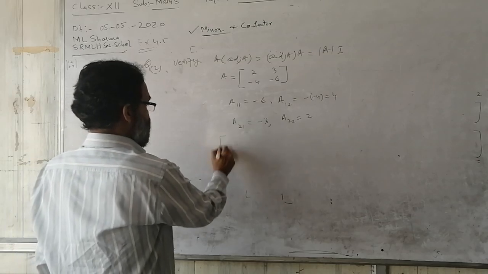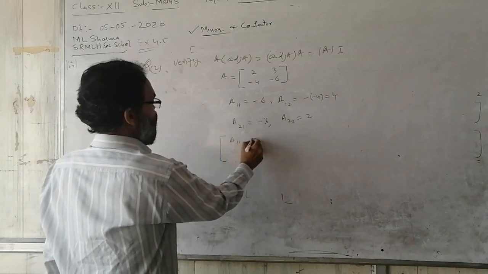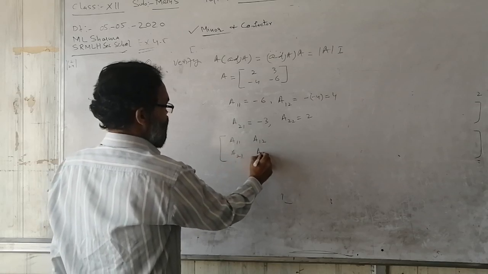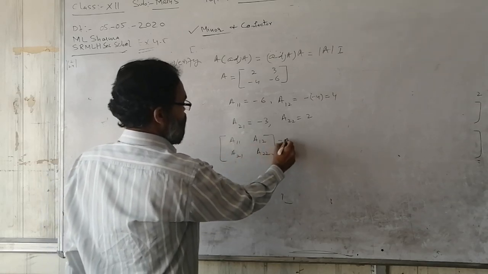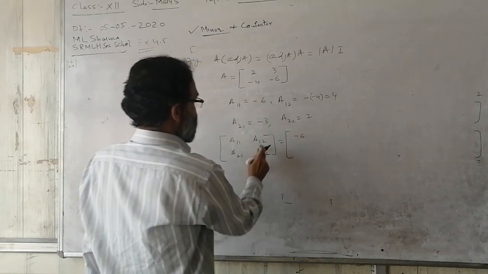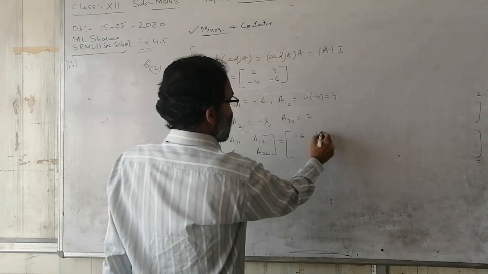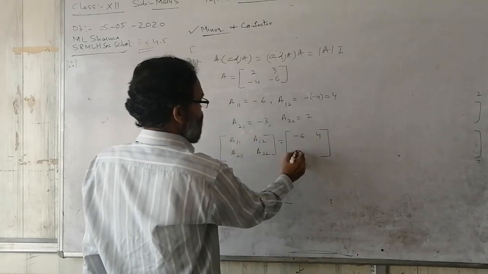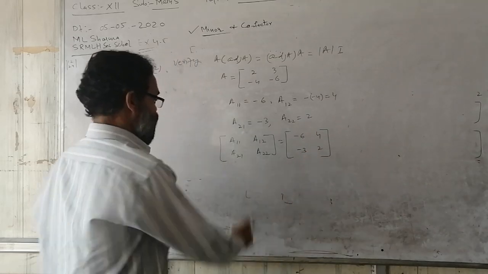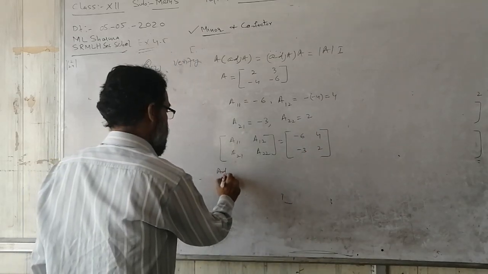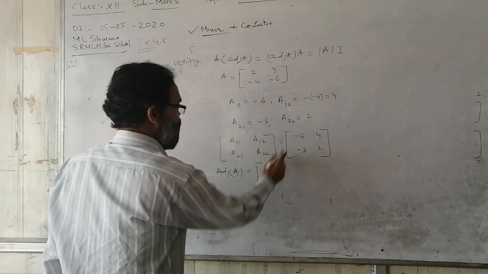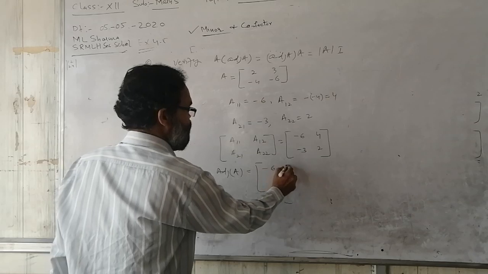So the cofactor matrix will be A11, A12, A21, A22. This will be equivalent to A11 is 6, A12 is minus 4, A21 is minus 3 and A22 is 2. So adjoint A will equal to its transpose.